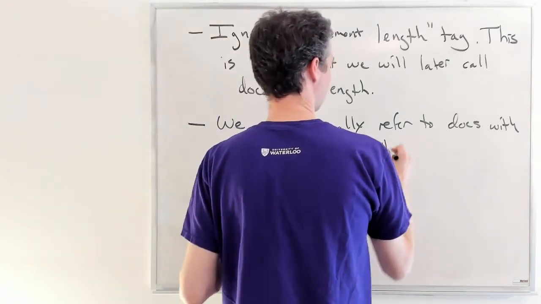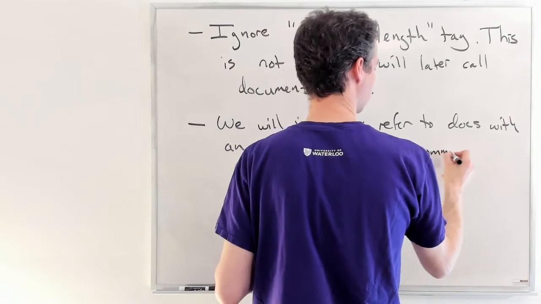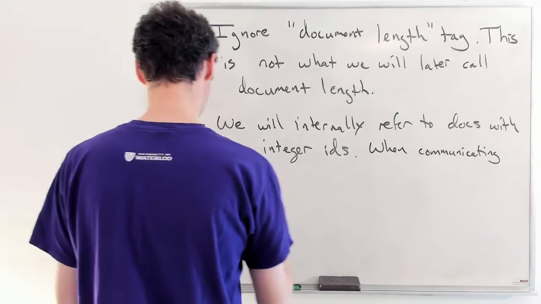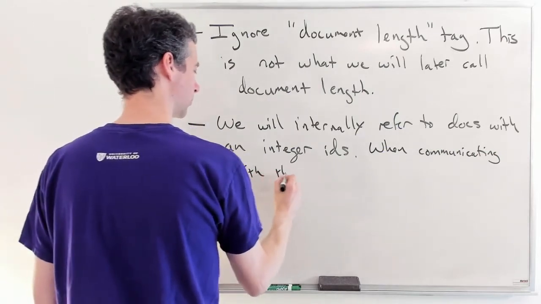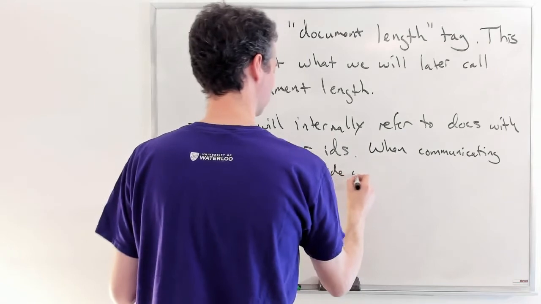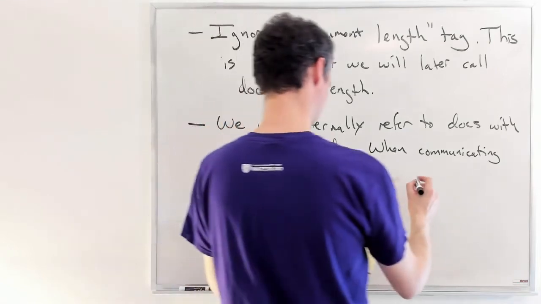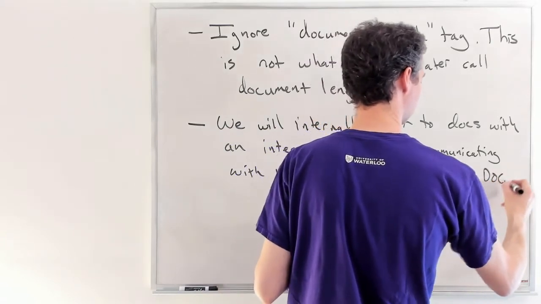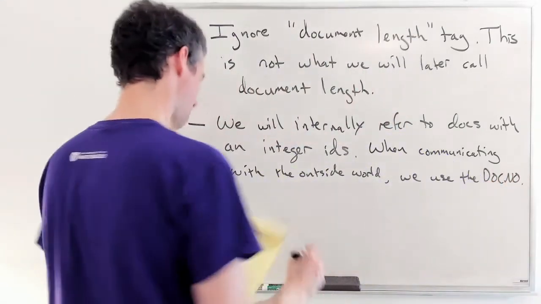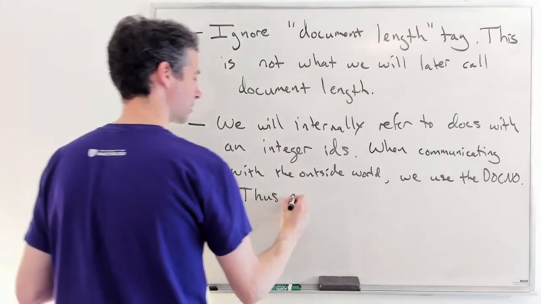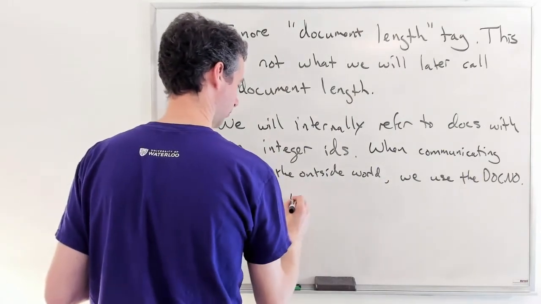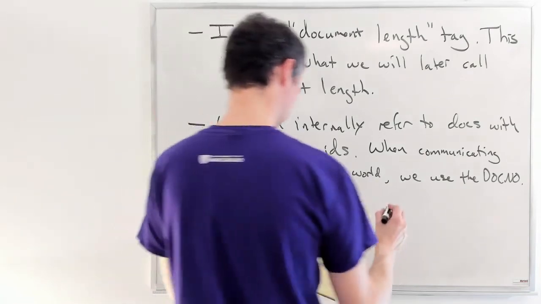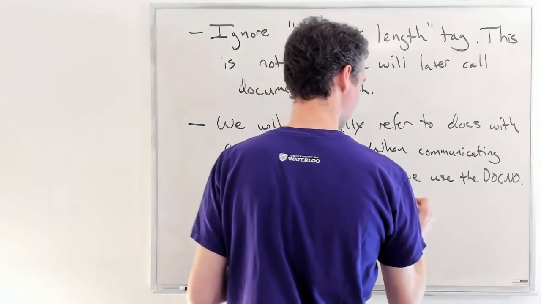Now, again, when communicating with the outside world, that's us and our tools and our need to run experiments, we use the docno, this official identifier. Thus, we maintain two mappings.